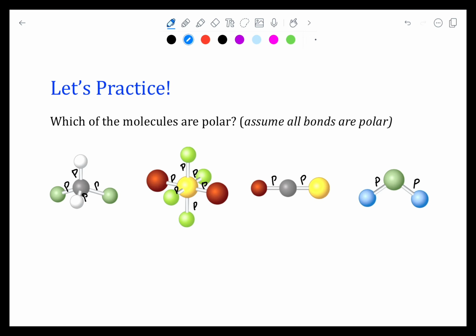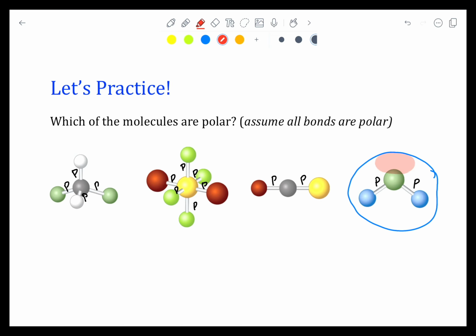Okay, so I think our most obvious one that is polar is going to be this one, because it is the least symmetric out of all of the other molecules. So if these are polar bonds, we don't know which one is more polar, but we can assume maybe the larger of the two atoms is going to be the more electronegative atom.